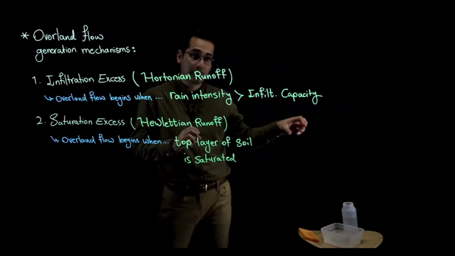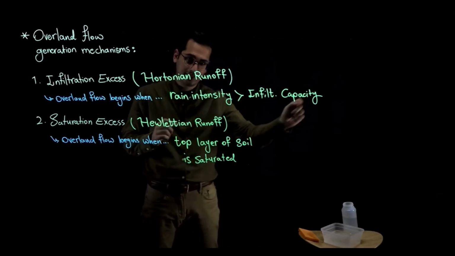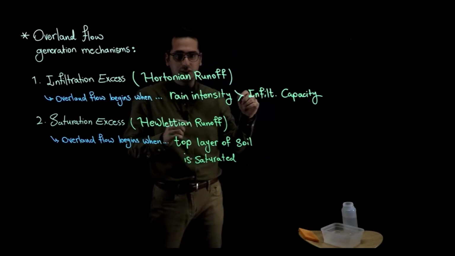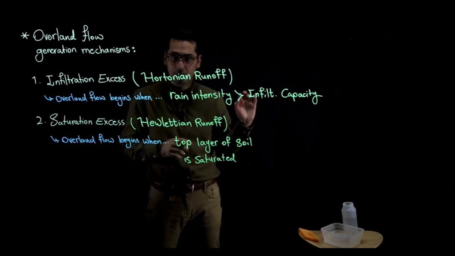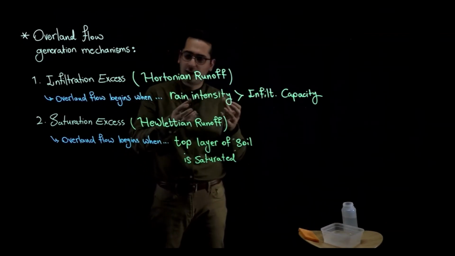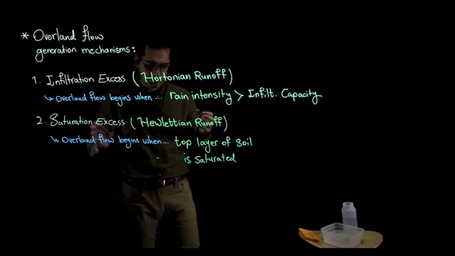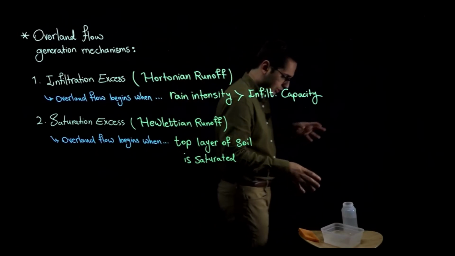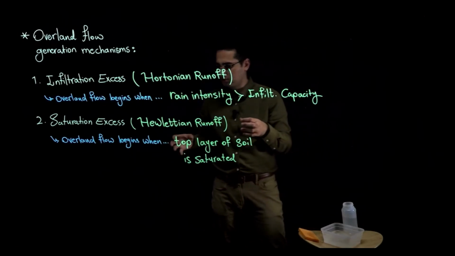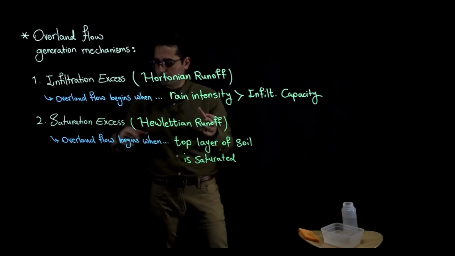But when the rate of application of water on top of the sponge was higher than infiltration capacity, then water started to run off the surface of the sponge. This is how we can have a good physical understanding of infiltration excess mechanism. How about saturation excess? Can we use the sponge and water to understand the physical meaning of saturation excess?